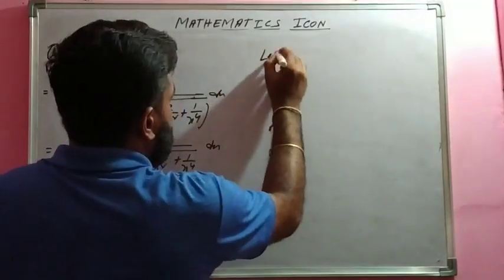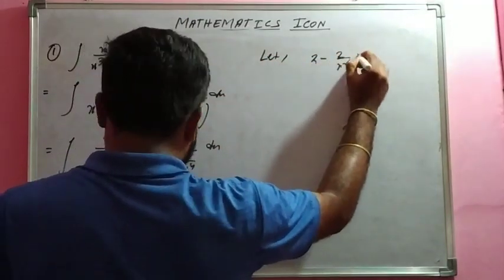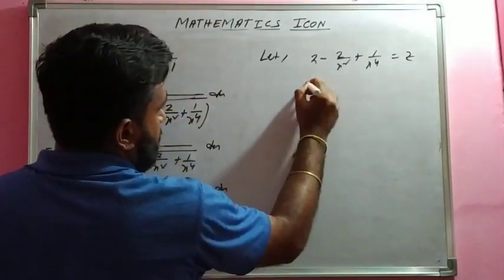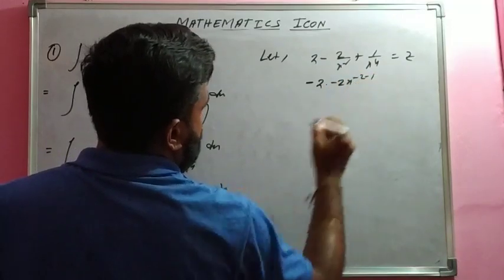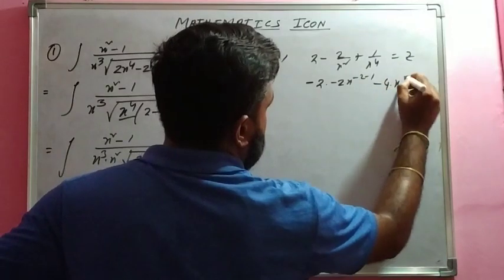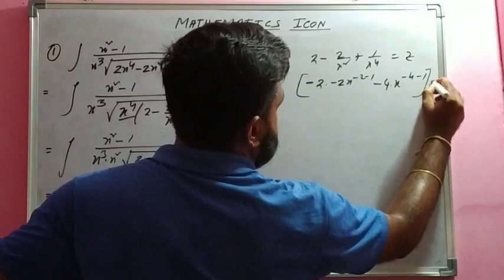Now if you assume 2 minus 2 by x square plus 1 by x to the power 4 as z, then differentiating, minus 2 x to the power minus 2 minus 1, and here minus 4 x to the power minus 4 minus 1, dx.